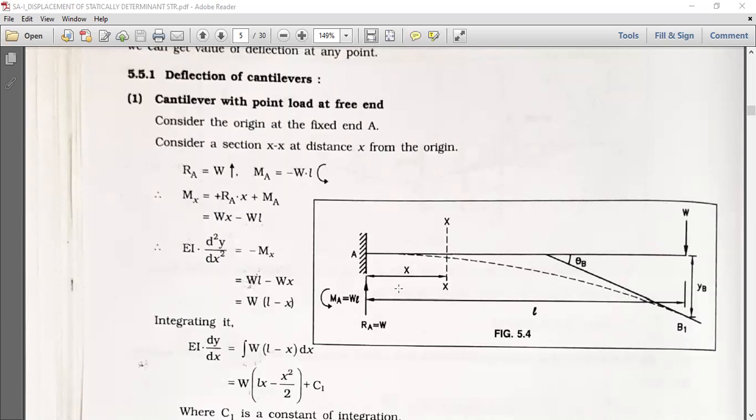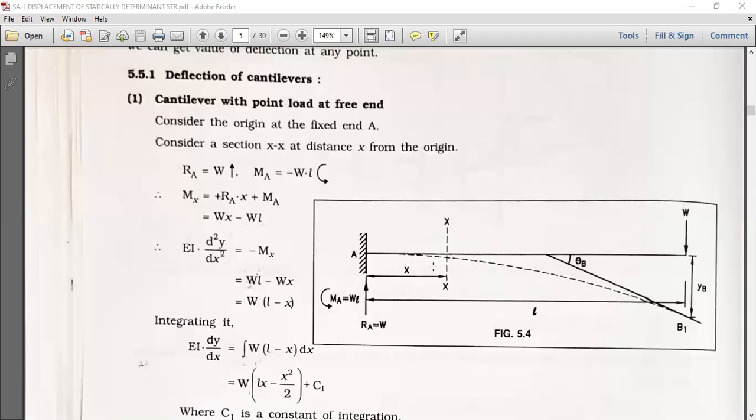In short, moment at x is equal to reaction A into x plus moment A, which is W into x minus W into L. So we get the moment at x is equal to Wx minus WL.